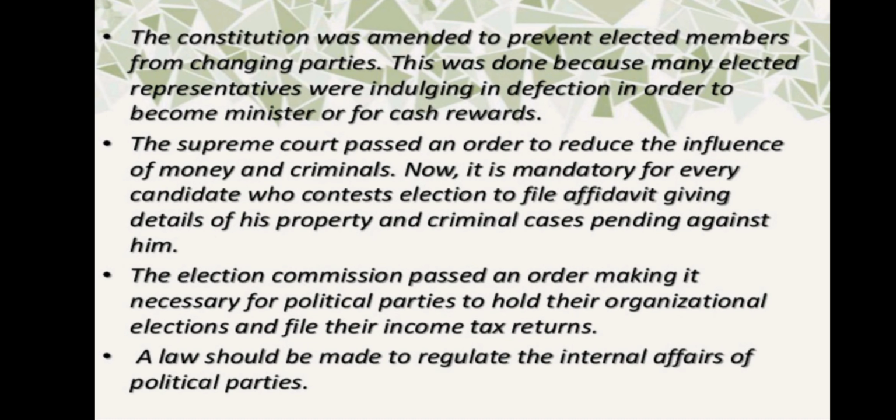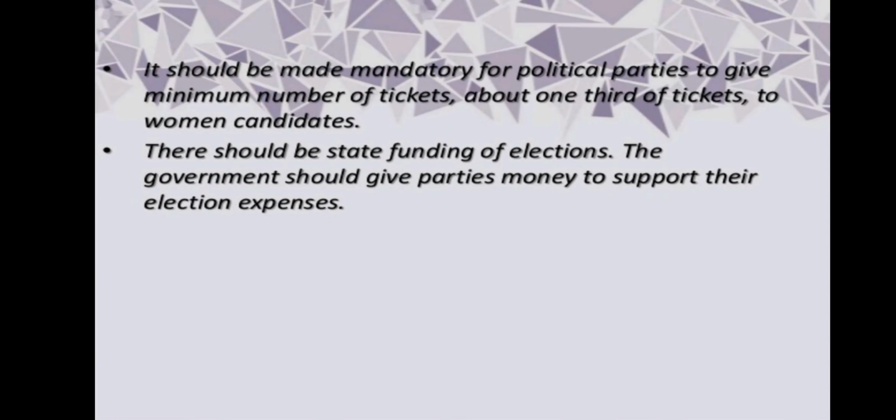Now, there are some suggestions also. These were some of the steps which have already been taken. But there are some suggestions also, on how political parties can be reformed. Now, what are those? It should be made compulsory for political parties to maintain a register of its members and to have its own constitution.